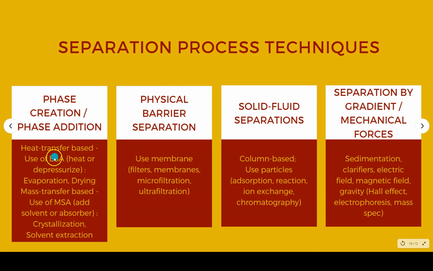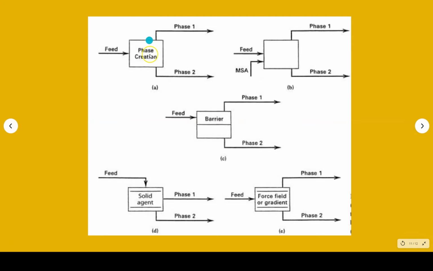Either using an energy separation agent, mass separation agent, membrane, column based or solid fluid separation, and also separation by gradient. This is an example of a block flow diagram representing separation processes.